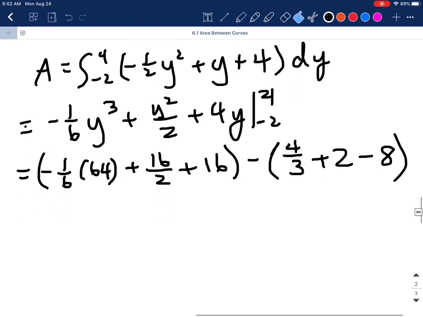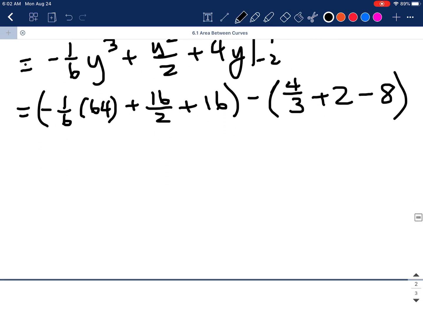And so let's go ahead and finish evaluating this. So -1/6 times 64 is going to be the same as -32 over 3. We've got 8 plus 16 here, so that's going to be 24. And then we've got minus 4/3.